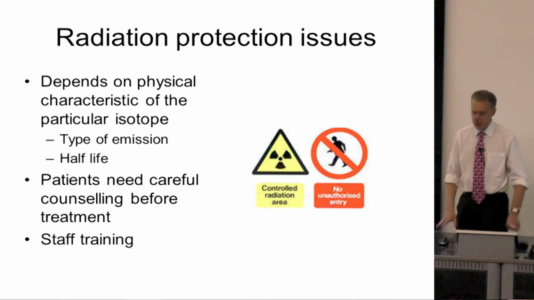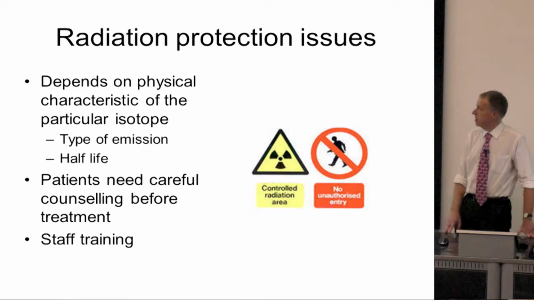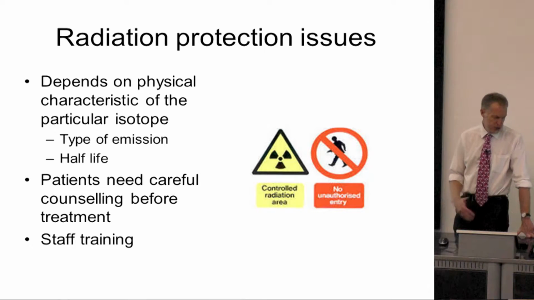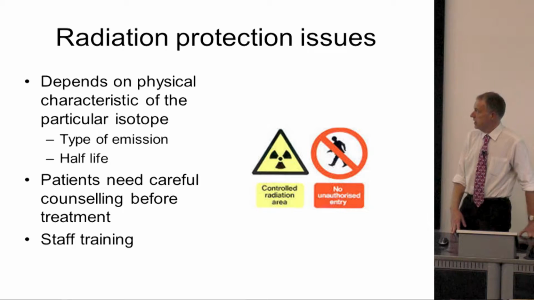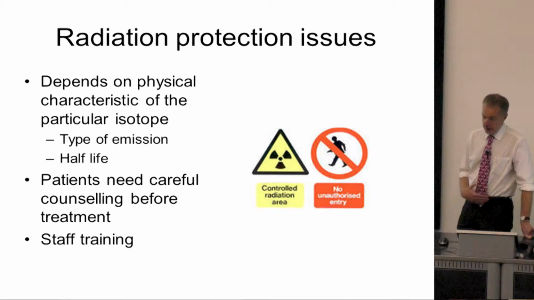So we've talked a bit already about radiation protection issues, but you do need to be quite careful with these things, and it depends on the physical characteristics of the particular isotope that you're using, and as we've said, on the type of emissions and the half-life. These issues mean it's really important you counsel the patients before they have the treatment about what precautions they're going to take. Probably the best example of this is in thyroid cancer.